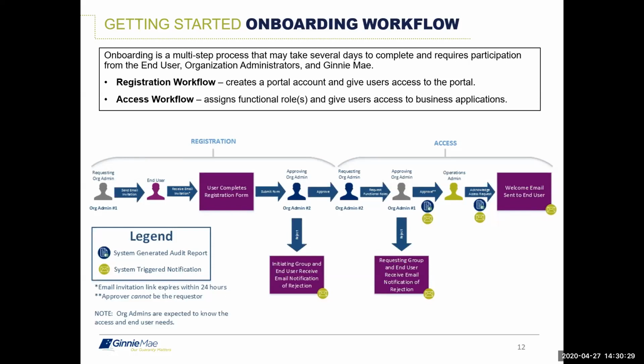They must do that within 24 hours of receiving that email invitation. Once the user has completed that form and submitted it, a second organization administrator, that little blue person, has to go in and approve that registration request.